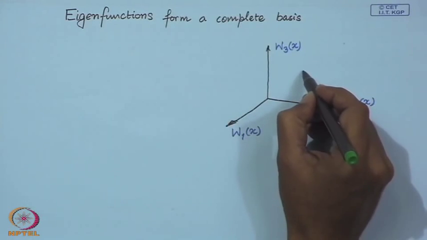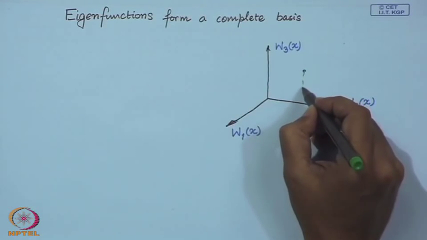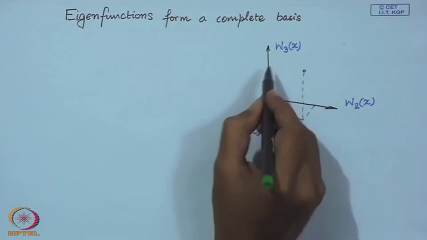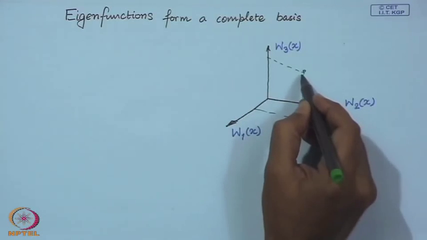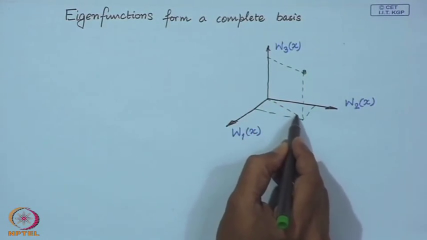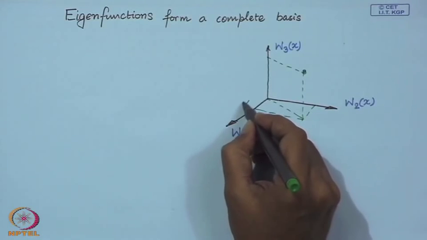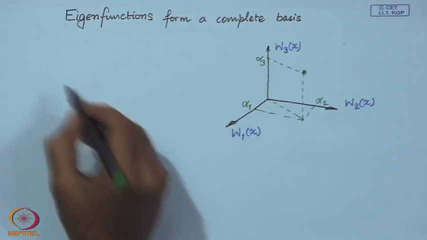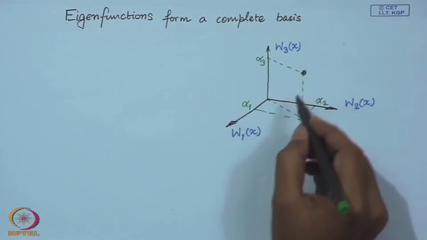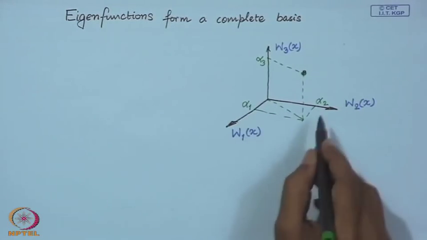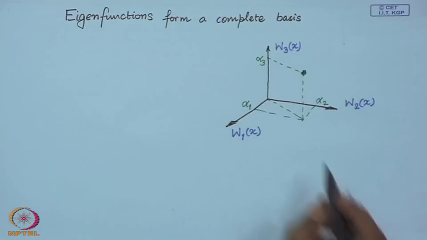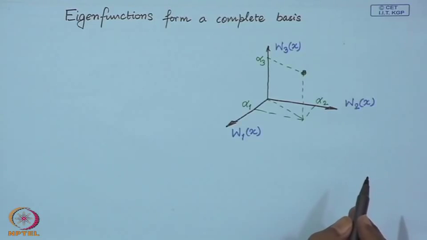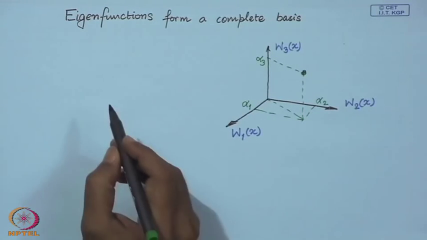So, any point in this infinite dimensional space, with coordinates alpha 1 along w 1, alpha 2 along w 2, alpha 3 along w 3, etc., describes a shape of the beam.